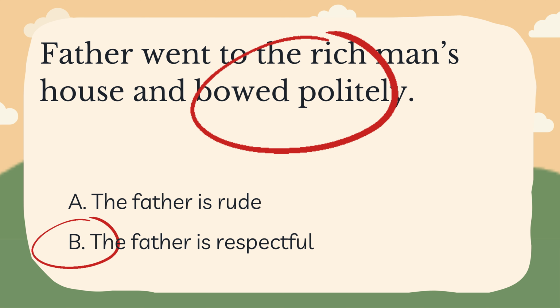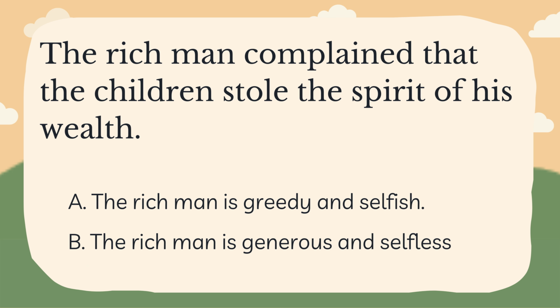Okay. And lastly, the rich man complained that the children stole the spirit of his wealth. Let us think about it. If the rich man is complaining about the children enjoying life and being happy, what does that show about him? Our choices: A, the rich man is greedy and selfish, or B, the rich man is generous and selfless.